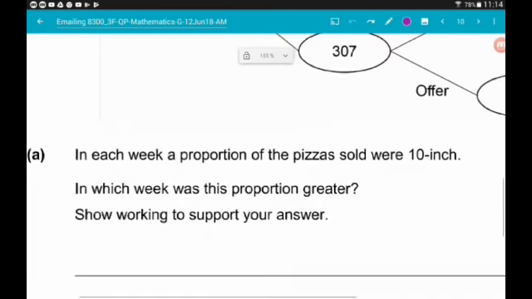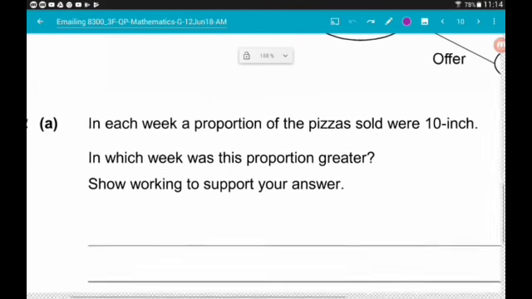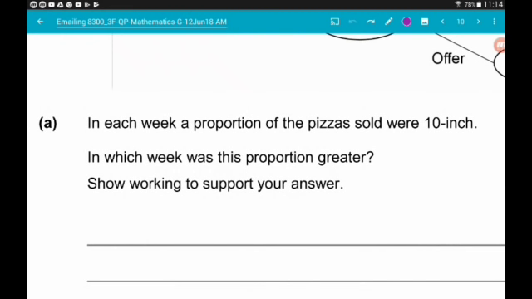So part A says in each week, a proportion of the pizzas sold were 10-inch pizzas. In which week was the proportion greater? So you're working to support your answer.